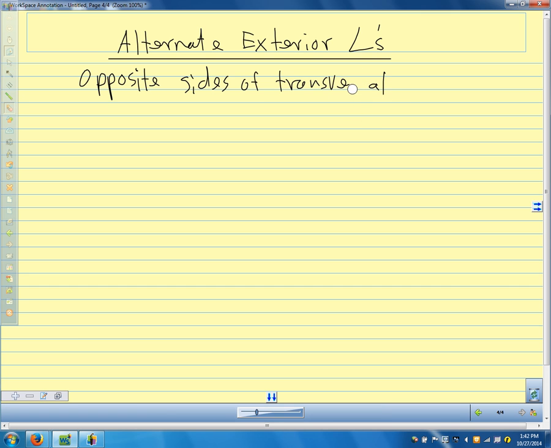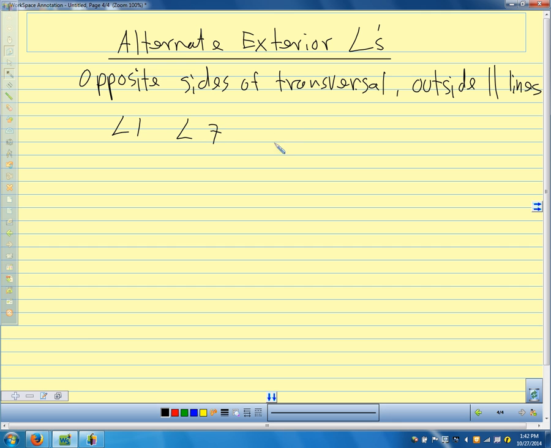And exterior means outside the parallel lines. On the right. So the angles that are on the opposite sides of the transversal and outside the parallel lines are angle 1 and angle 7 and angle 4 and angle 6.